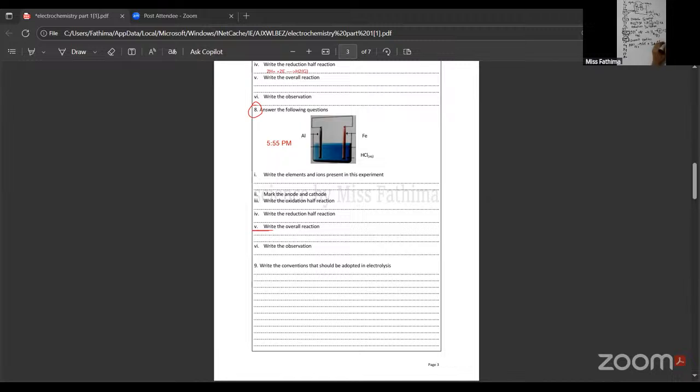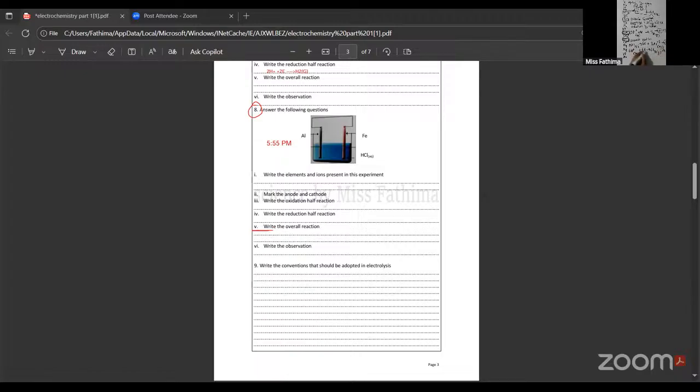So this is the third equation, the simultaneous equation. That is how it should work, okay? Then you multiply the second equation by 3. 3 into 2, you will get 6H plus aqueous plus 6 electrons, and then 3H2 gas will be produced. This is going to be the fourth equation.